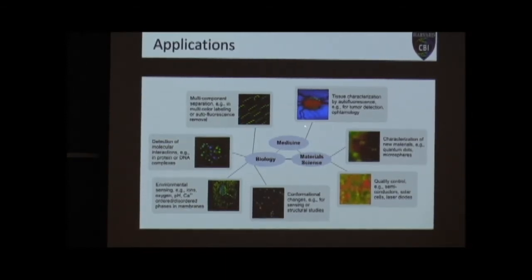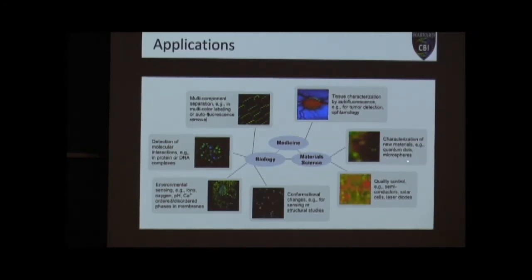Another thing that's often used is just looking at autofluorescence in different tissues. This is actually the example of a retina. The tissue in the fovea, where the optic nerve comes in here, has autofluorescence with a different lifetime than the rest of the retina. So this is actually sometimes used in the surgical suite as well for different applications.